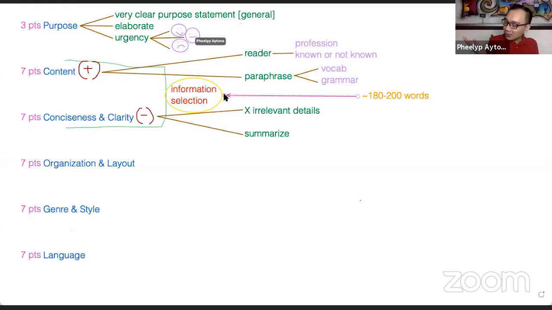Sobrang kulang ba? Sobrang layo ba dun sa usual place where I do my 180 to 200 words? Parang ganun. So, it's important for you to know where in the paper you normally end in order to be somewhere near your approximate 180 to 200 words. Something like that. You should try it.